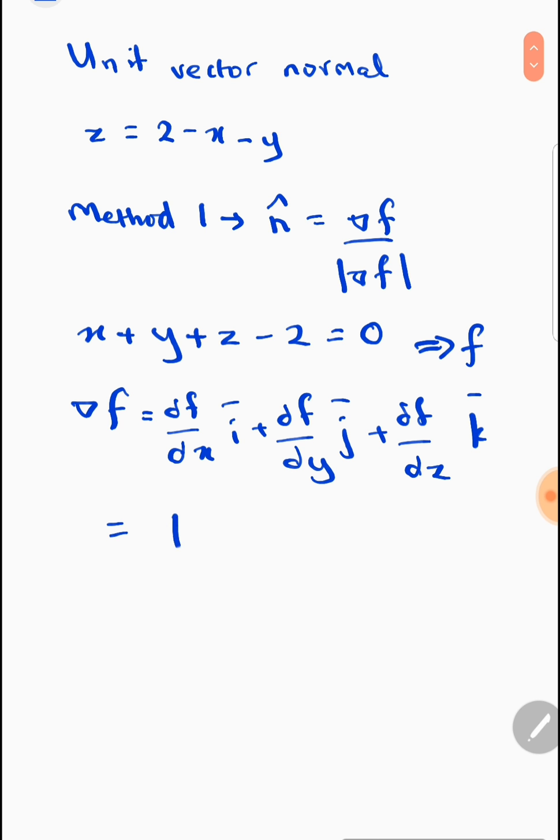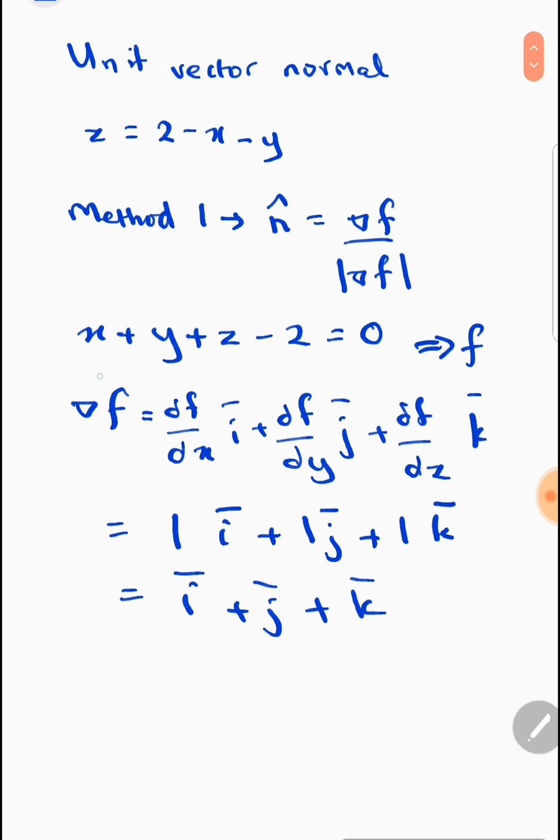Df over dy, same thing, I also get 1. What about z? Same thing, 1. Don't forget my k. So basically, it's just i plus j plus k. Once you have identified your f, do a partial derivative with respect to x, y, and z.